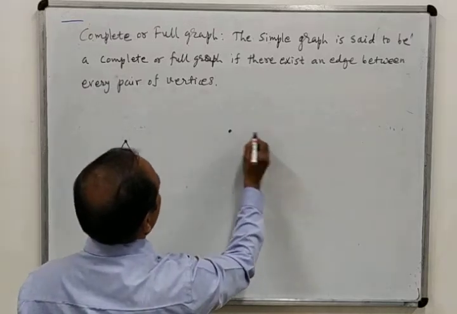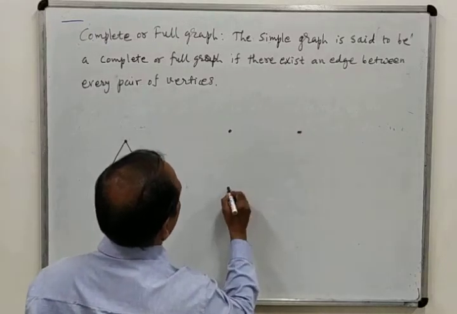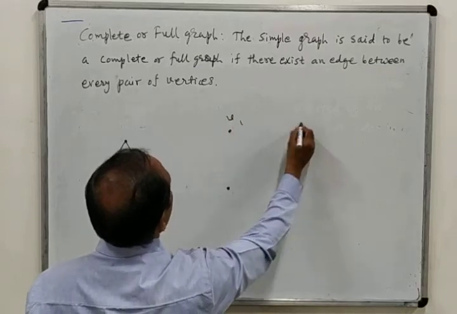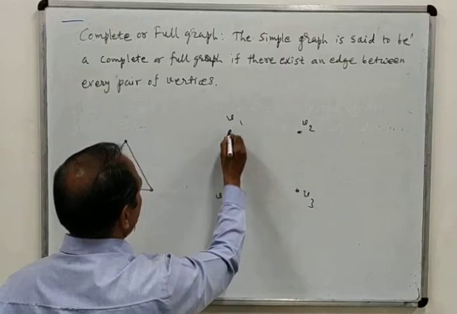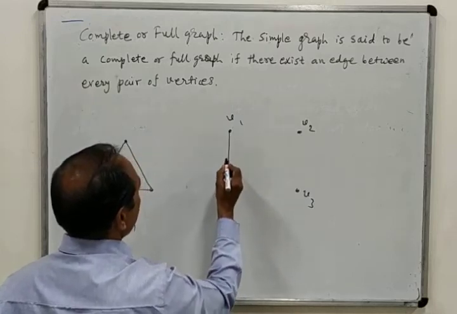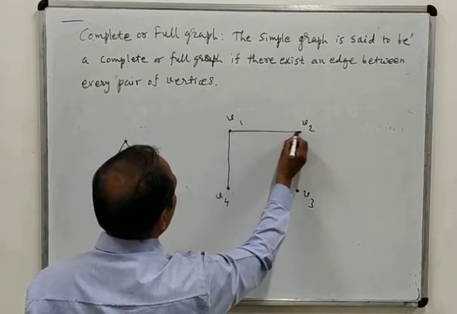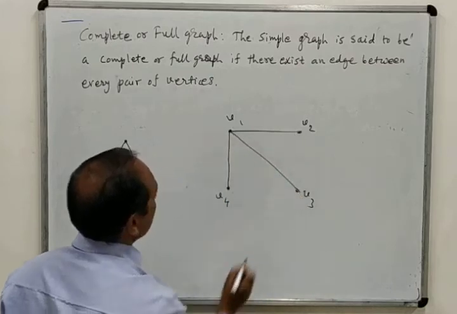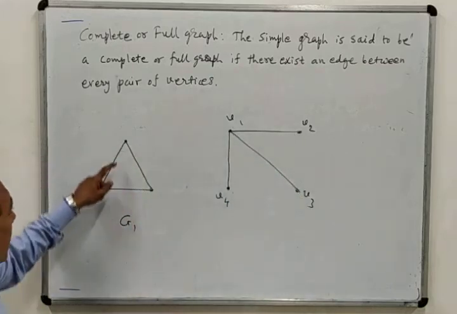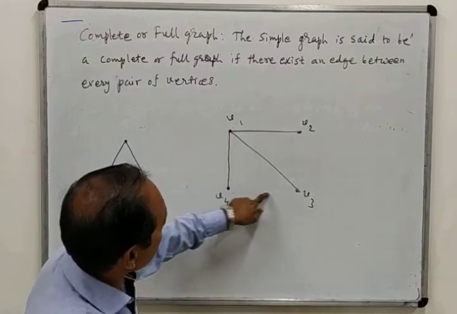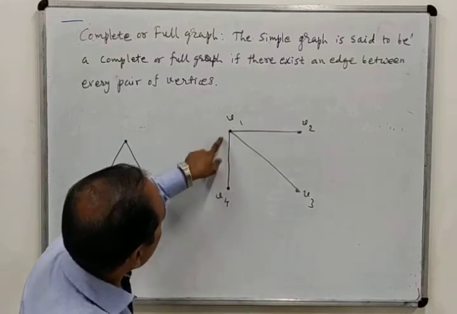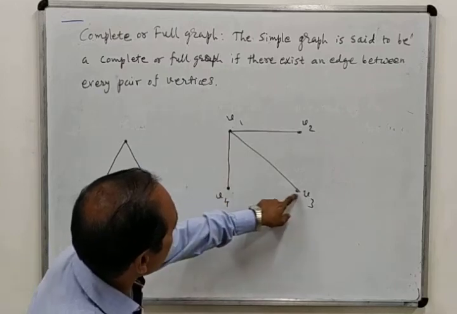Suppose we consider 4 vertices, V1, V2, V3, V4. V1 must be connected with V2, V3 and V4. Suppose V4 and V3 have an edge, and V1 and V4, and V4 and V3 are connected.